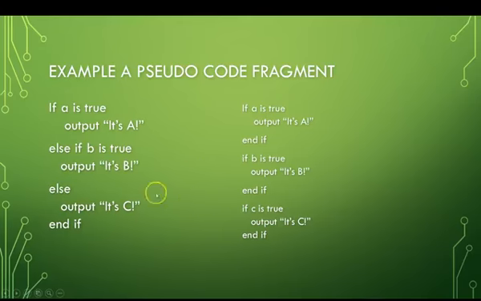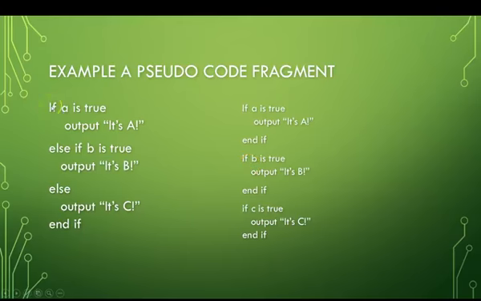Now let's look over here. Here we have really three separate tests that are not connected. So if A is true, we output it's A. Even though we already know it's A, we go on to see if it's B, and of course it won't be, and then we see if it's C, and of course it won't be. So you see how that's wasteful?